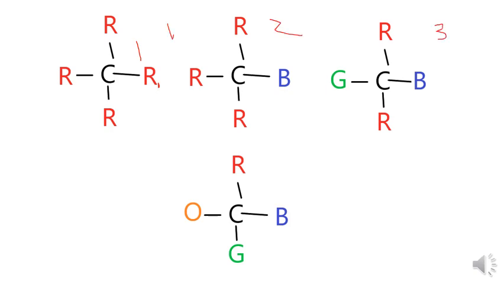So structure 1, structure 2, structure 3, we learned that it doesn't matter if the green is here, or the blue is over here, or if the green is up here. No matter where the green is and the blue is, it's still going to be the same structure.